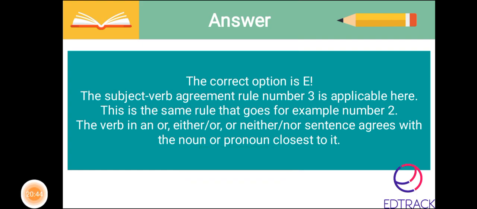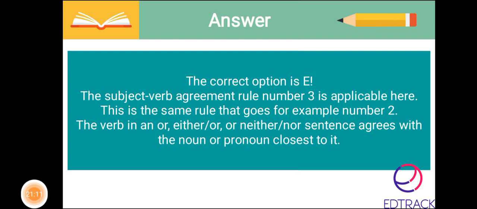So the subject-verb agreement rule number 3 is what is applicable to this question. This is the same rule that goes for example number 2. Further explanation: the verb in an either-or or neither-nor sentence agrees with the noun or pronoun closest to it.